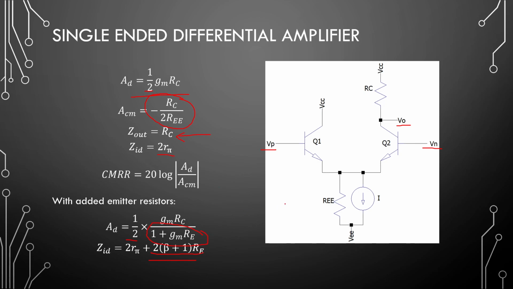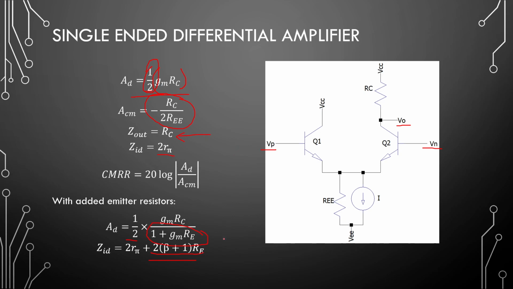Okay, so in short, you can treat these amplifiers the same in your mind as common emitter amplifiers, and from there you can see what your gain is. If it's just one output, you know that you need to take half of the output.